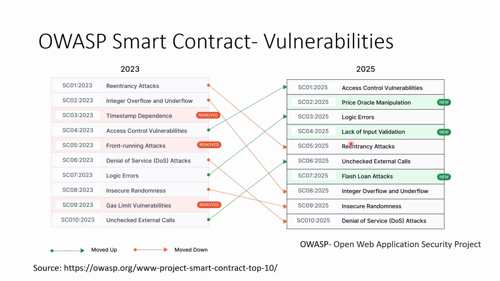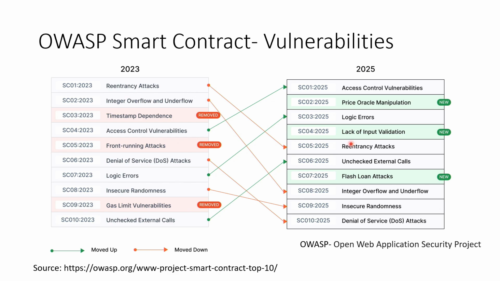The Open Web Application Security Project, every year, declares the top 10 smart contract vulnerabilities. That is depending on the number of cases that happened, or the number of times a vulnerability is exploited, and accordingly they list the top 10 vulnerabilities.